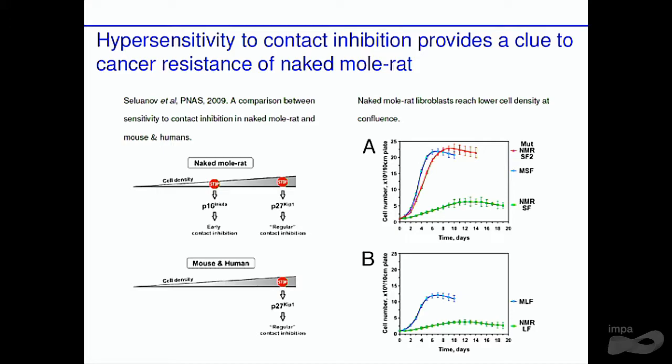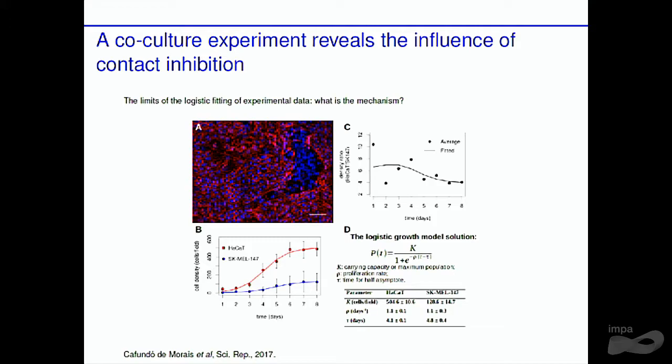And see here that whenever we are talking about contact inhibition, we may be talking in terms of maximal cell density within a given well where we are doing our experiment. Okay, so what if, instead of having only a single cell type in a given dish, we use 2 cell types?